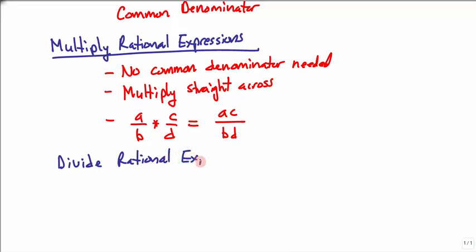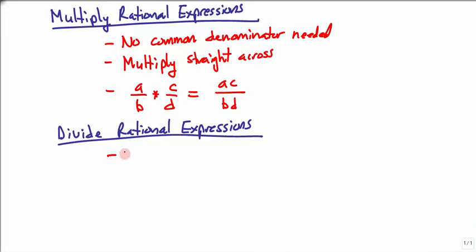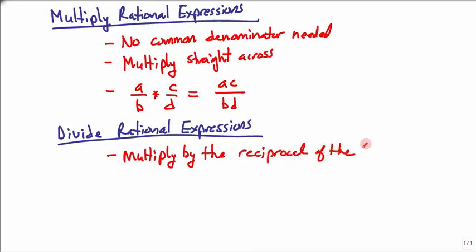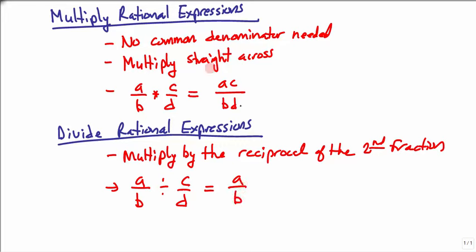When I divide rational expressions, we multiply by the reciprocal of the second fraction. Let's see what this is if we had something like A over B divided by C over D. A over B stays, and then I switch the division to multiplication, and I multiply by the reciprocal of the second number.